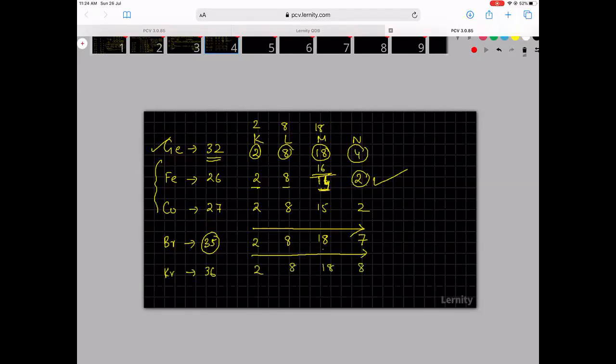So krypton is also full. After krypton, you have rubidium, Rb. Rubidium is 37, so it will become 2, 8, 18, 8, and 1.